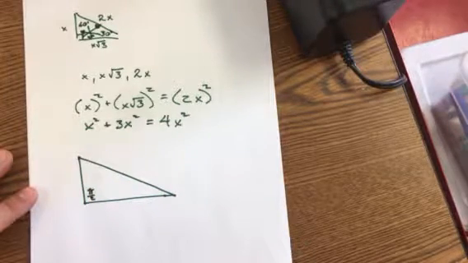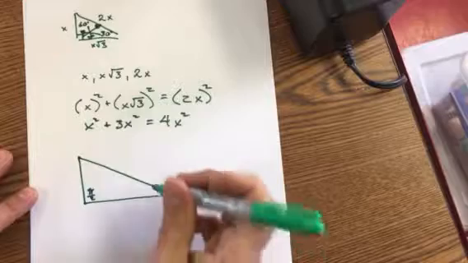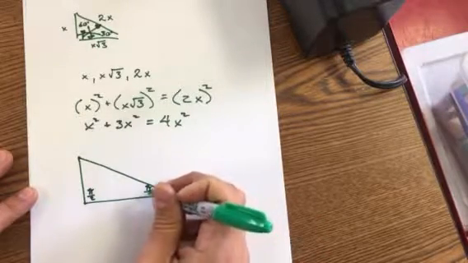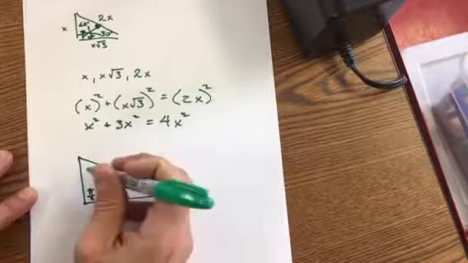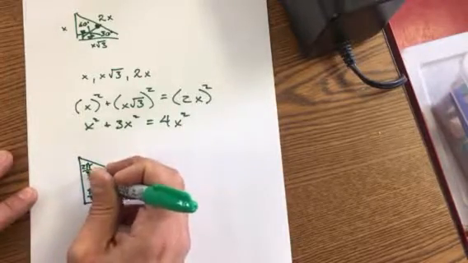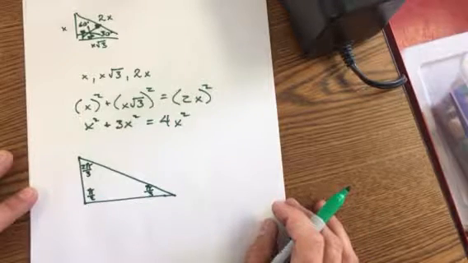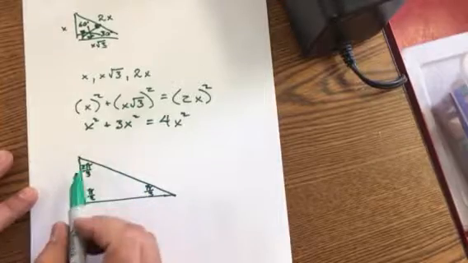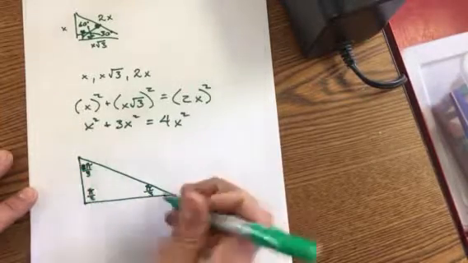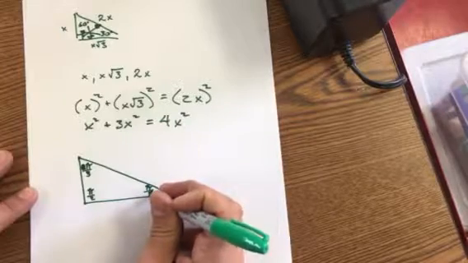So this is going to be pi over 3. No, that's not right. I'm sorry. I apologize, guys. This is going to be pi over 3, and this is going to be pi over 6.